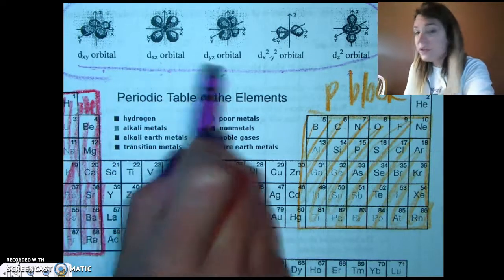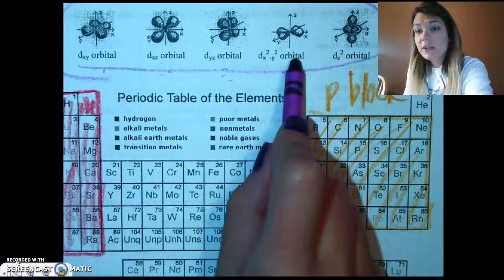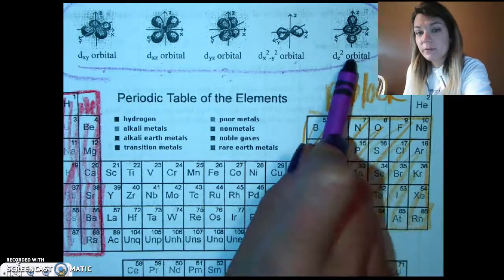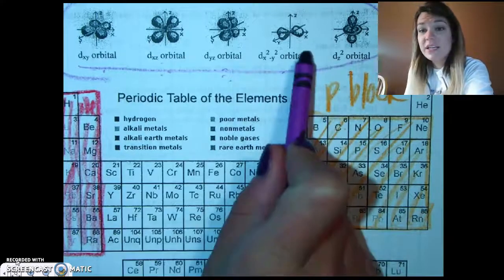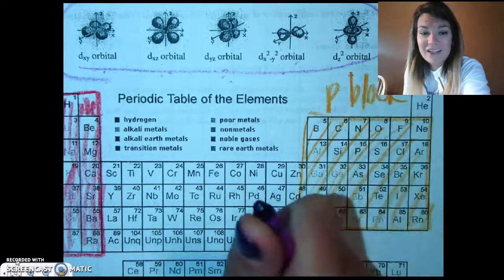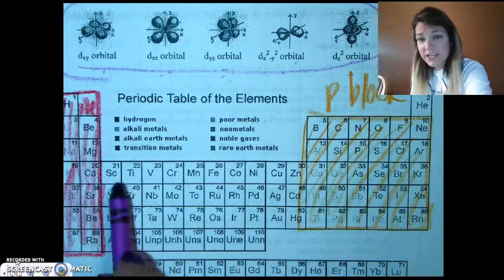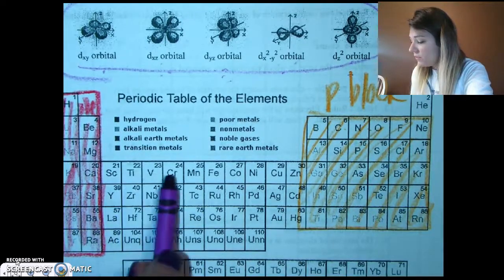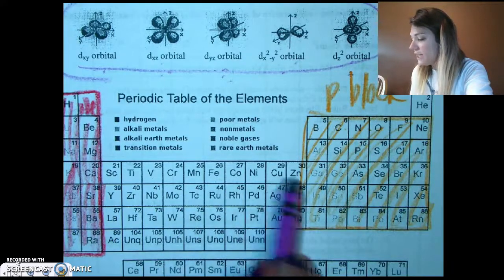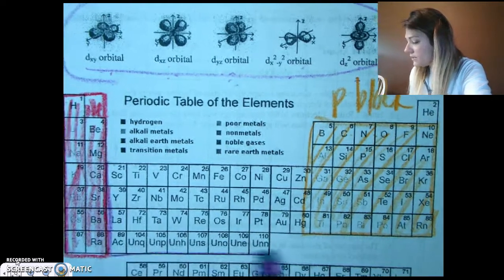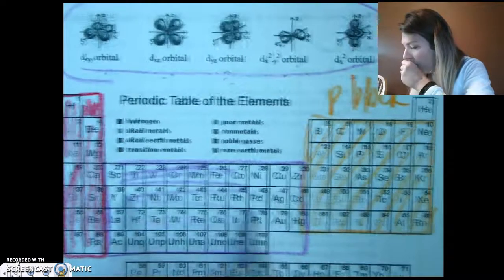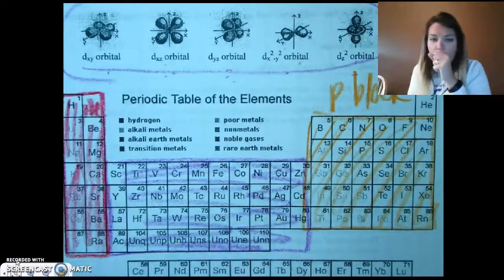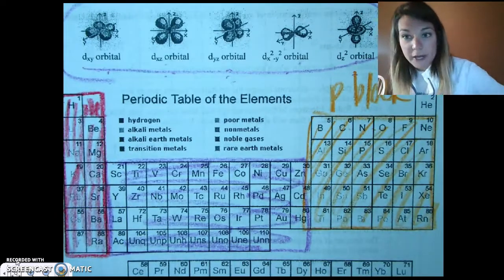This orbital can hold 2, this orbital can hold 2, and so on, so the d orbitals can hold a total of 10 electrons. If you look at this, 1, 2, 3, 4, 5, 6, 7, 8, 9, 10, this is going to be our d block, where all the d electrons will be located.